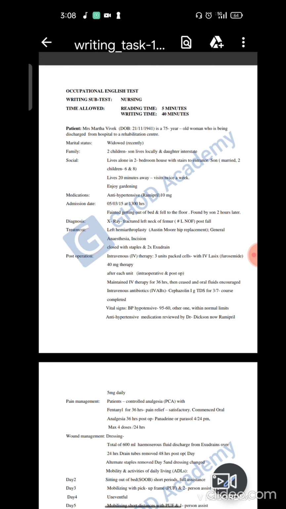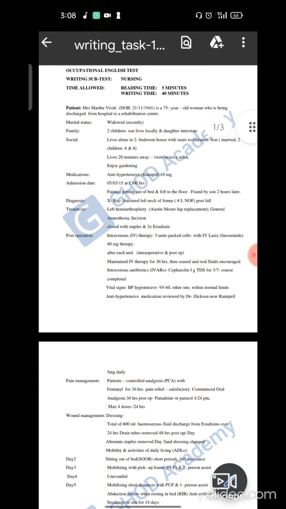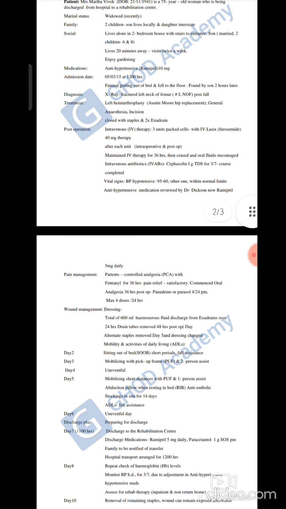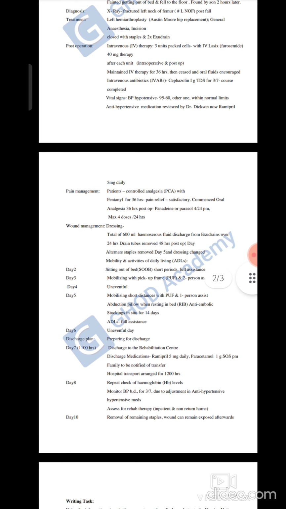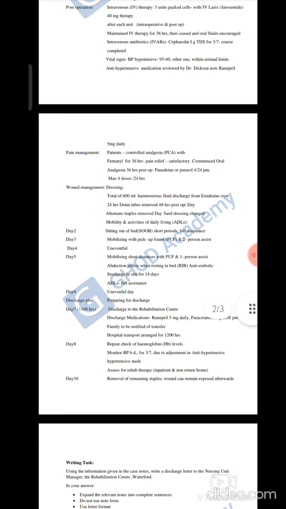Diagnosis, X-ray, fracture, that is needed. Left hemiarthroplasty, that is also needed. Then under post-operative management you have to tick mark intravenous therapy, blood transfusion, antibiotic, and analgesics. That's enough. And under wound management, daily dressing and mobilizing with the pick-up frame.